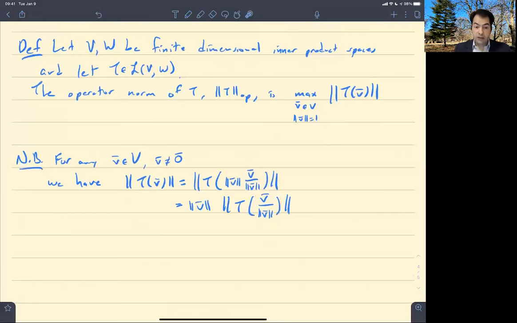Regardless of what the norm of V is, this has norm 1. So this is bounded above by the operator norm of T times the norm of V.